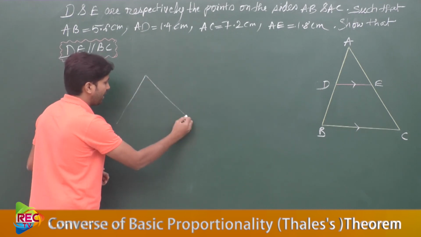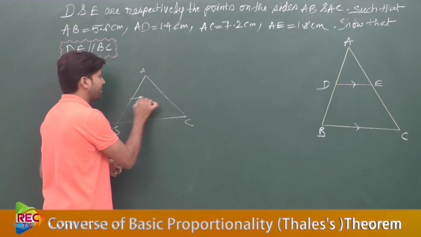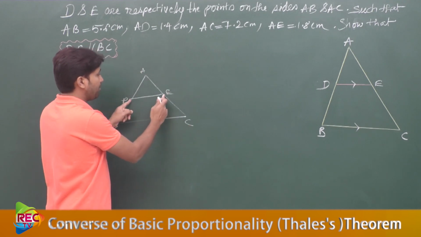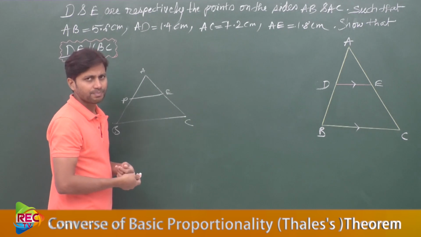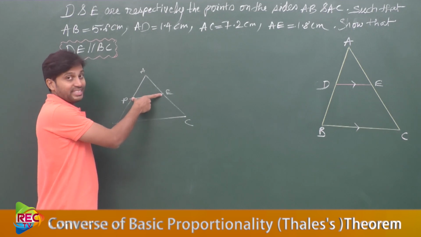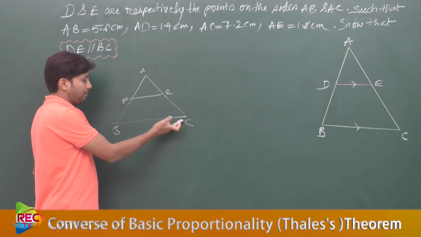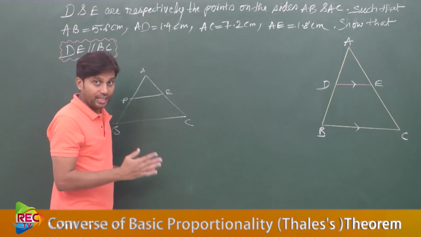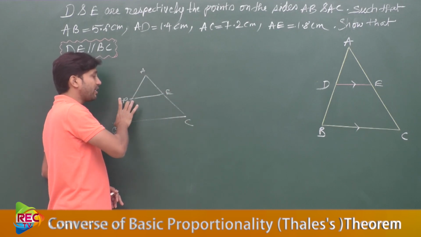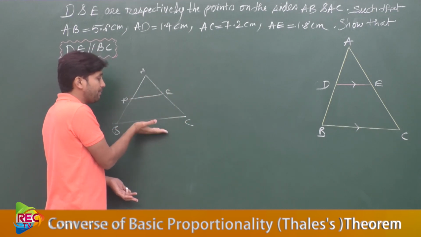Here, if one triangle is given, let it be ABC, and one line is drawn inside the triangle which is intersecting two sides in P and E. If this line is dividing these two sides proportionately, in equal ratios, then this PE will be parallel to BC.